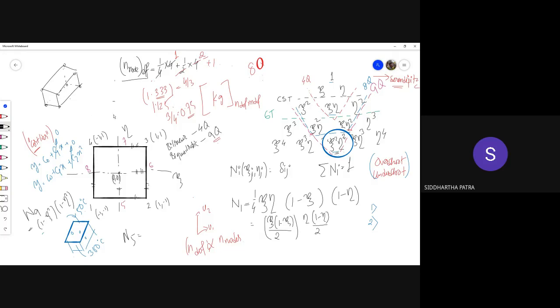So in 3D, the number of nodes that you get: first, 8 coming from all the corner nodes, then the mid-side nodes. How many sides are there? There are 12 sides, so there will be 12 such nodes. So it is a 20-node brick element.